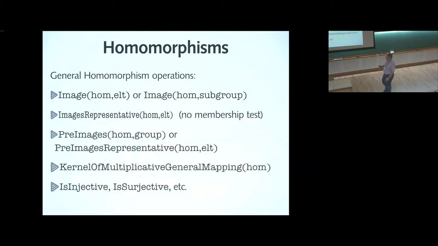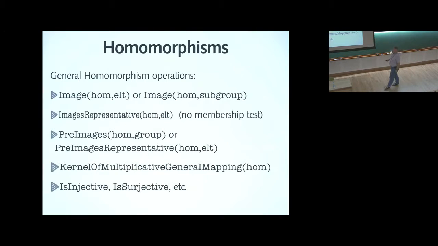Vice versa, pre-images of a group gives the full pre-image group, or PreImagesRepresentative of an element under a homomorphism gives you an element which under the homomorphism will map to this given image element.